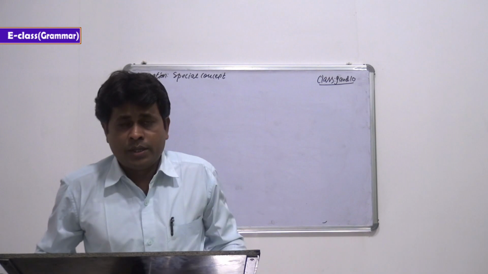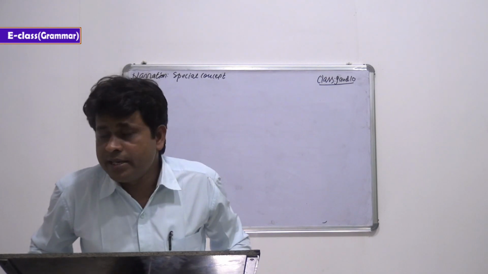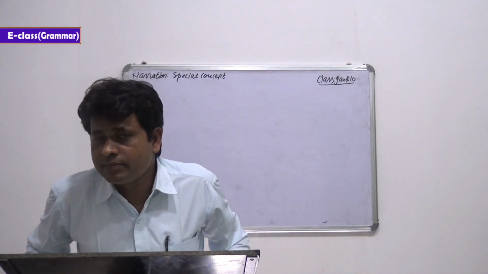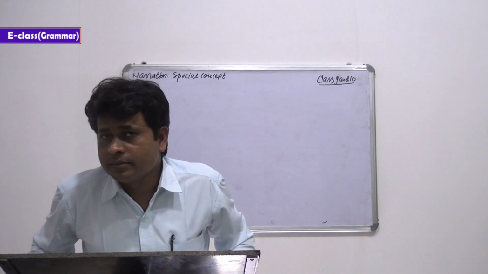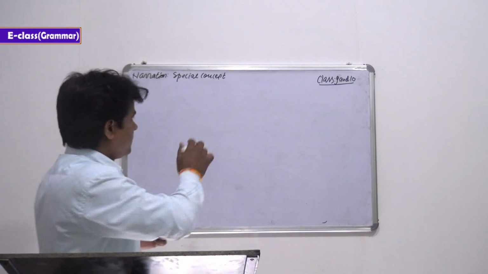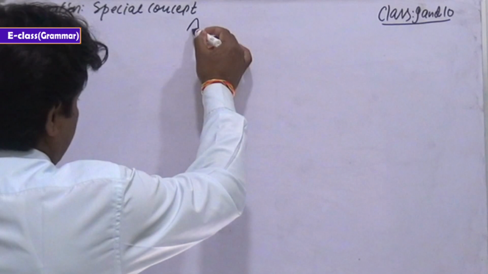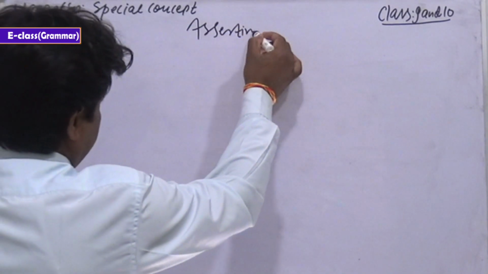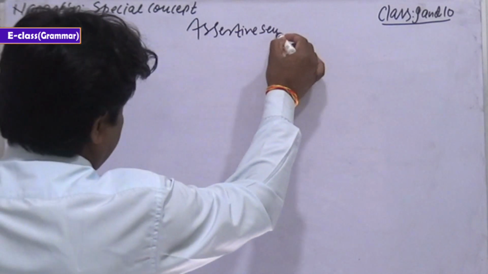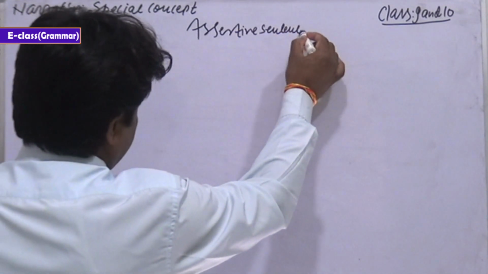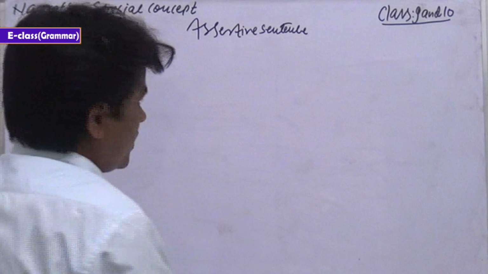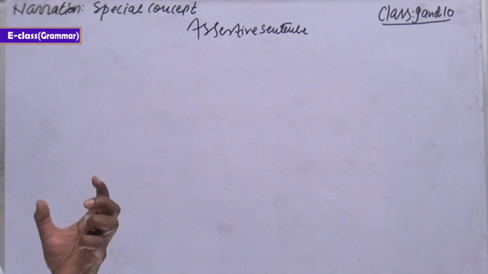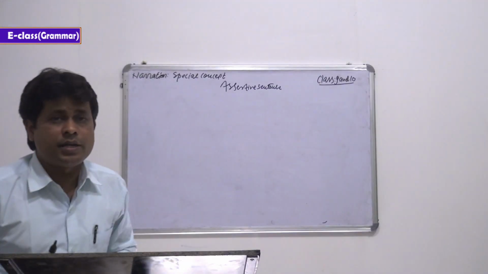And you know, there are 5 kinds of sentence. The first is assertive. So I would like to talk on assertive first. Assertive sentence. How to change assertive into indirect speech?